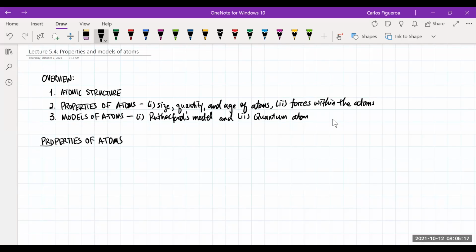So I want to look at these properties of atoms. And so let's talk about the size and quantity and the age of atoms. Okay, so the first thing that I'm going to do is go after the size and quantity of atoms.